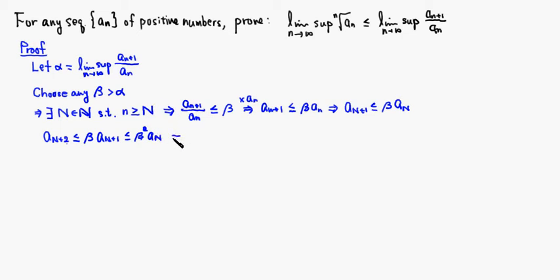In general, a_{N+k} is less than or equal to beta^k a_N, where k is a natural number.